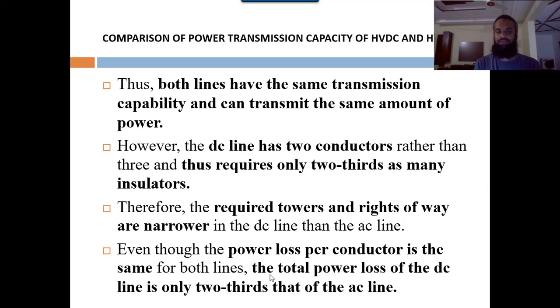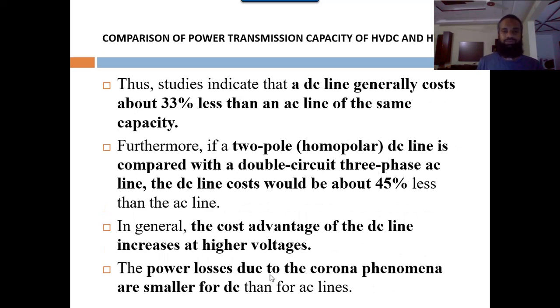Even though the power loss per conductor is the same for both lines, the total power loss of the DC line is only 2/3 that of the AC. If you see the basic thing, for the AC system we are using 3 wires, for the DC system we are using 2 wires. So if you need to check the overall power loss, then it would be 2 by 3rd of the AC power.